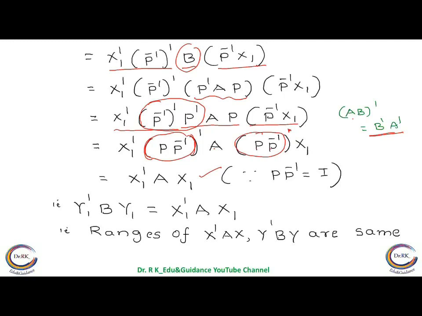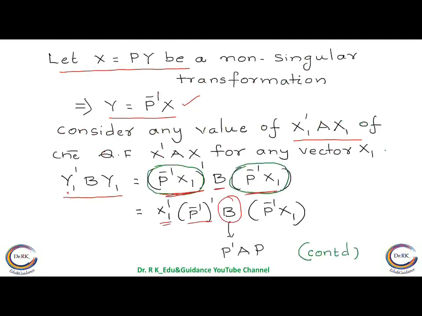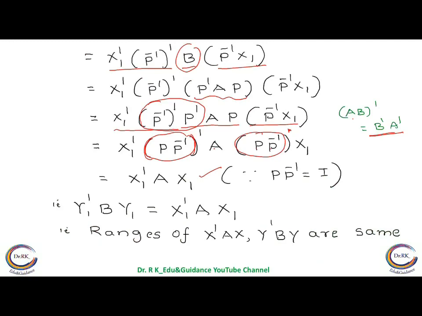If you remember, earlier we took y1 transpose B y1, and we used the transformation y equals P inverse x1, and also we used the congruency property, that is B is replaced by P transpose AP. So from that we are getting y1 transpose B y1 equals x1 transpose A x1.